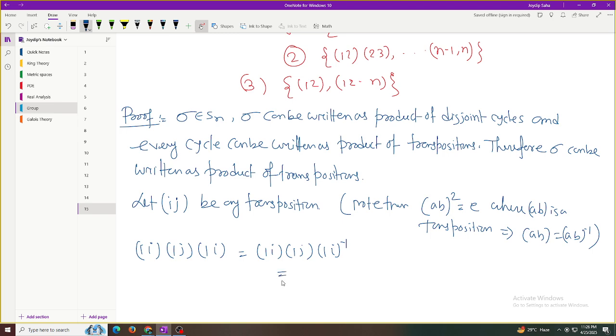That is tau sigma tau inverse, where tau is your (1 i).